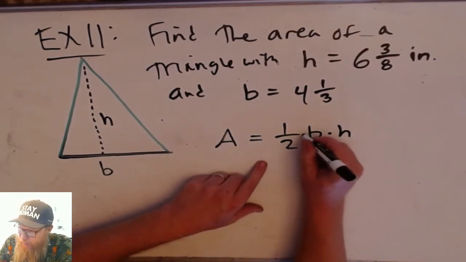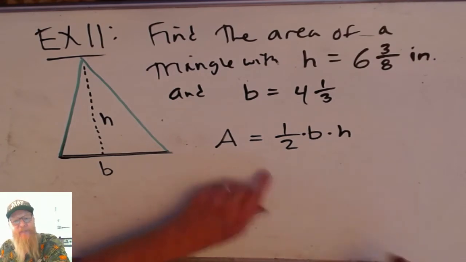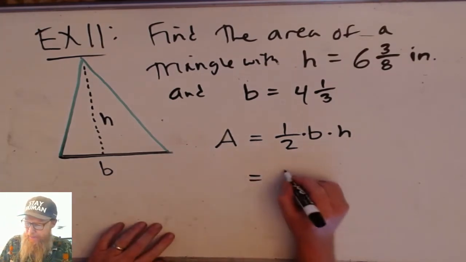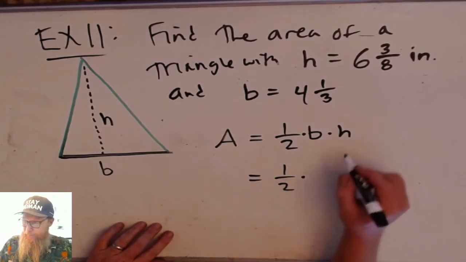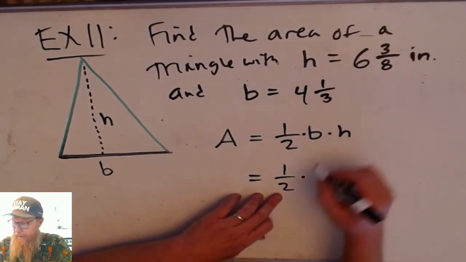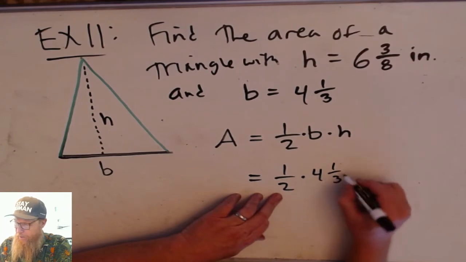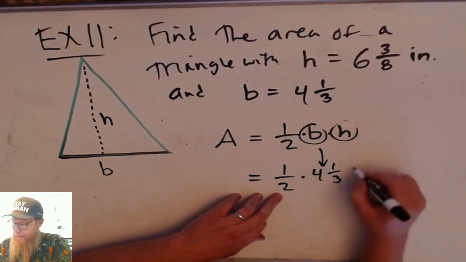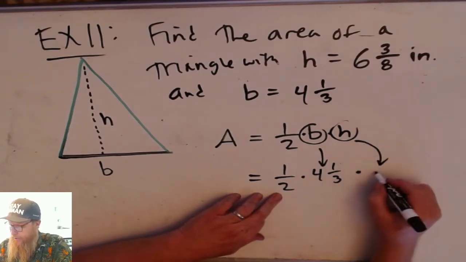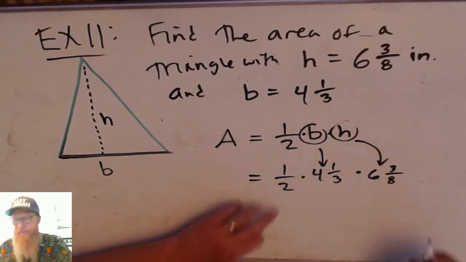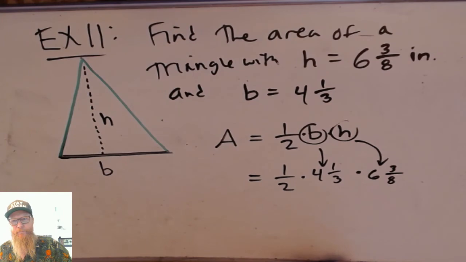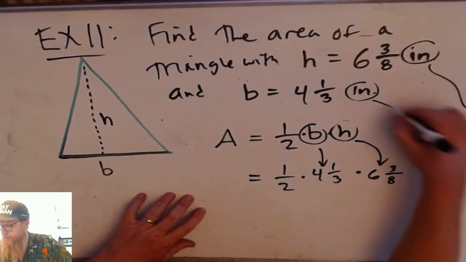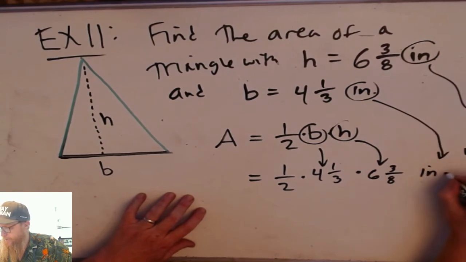Sometimes we like to throw in an extra dot right here just so that it looks like everybody's being multiplied. So we got 1/2 times 4 1/3. That's our B. And then we got H is 6 3/8. Oh, and these are both inches.